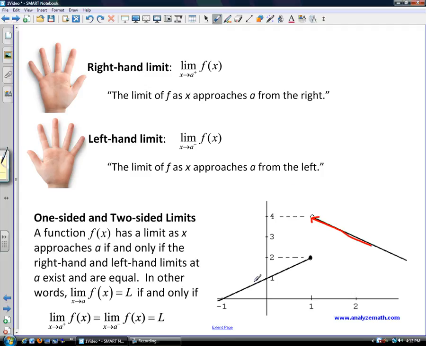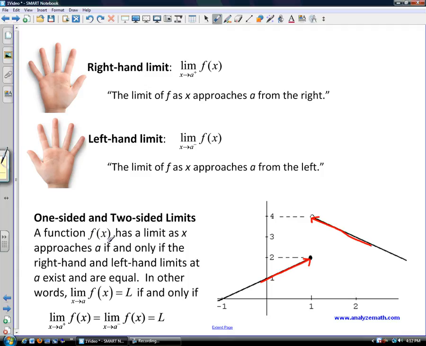And my left-hand limit as x goes to a from the left, I would represent that as limit as x goes to 1 and then a little negative sign to show from the left of f of x equals 2. So that's my y value from the left, and my y value from the right is 4.